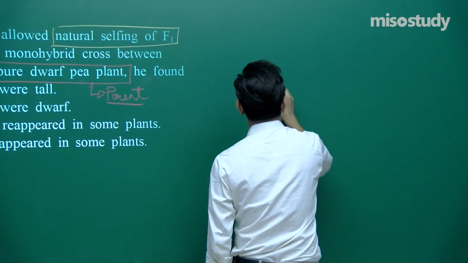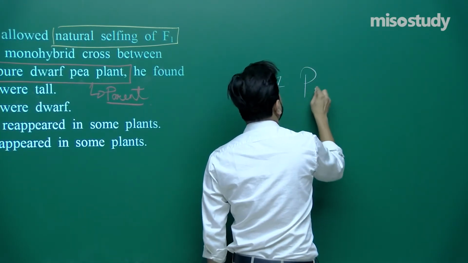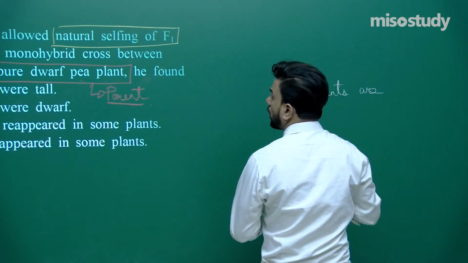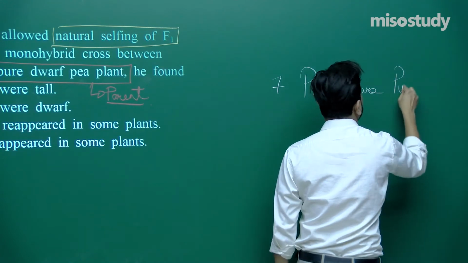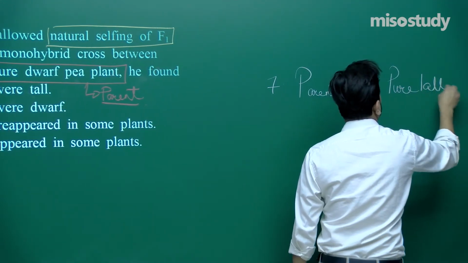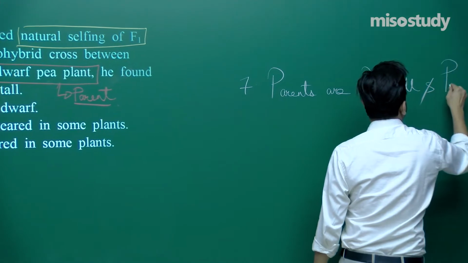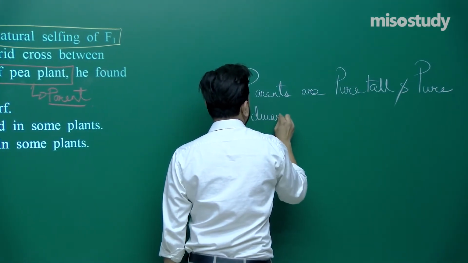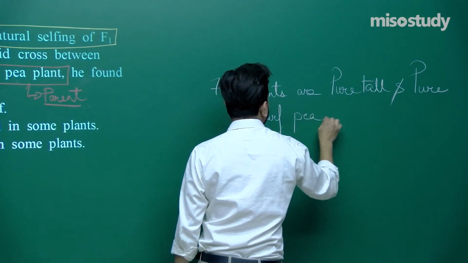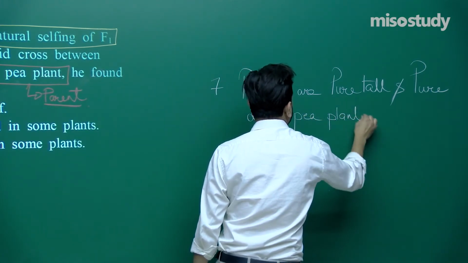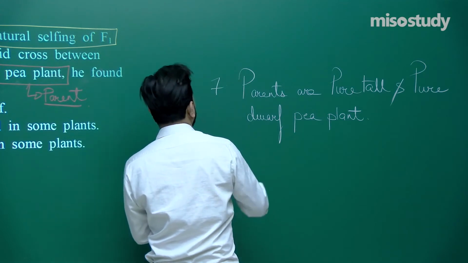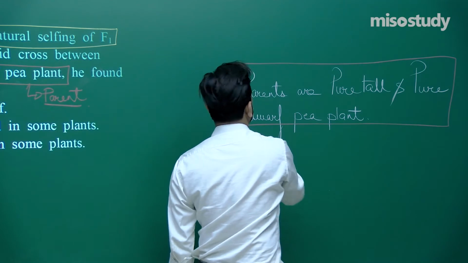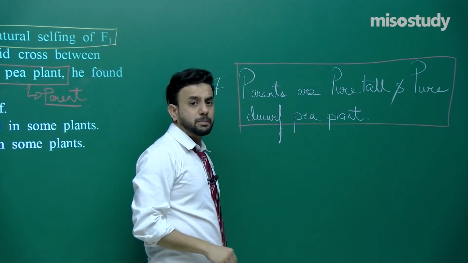This is question number 7. Parents are pure tall and pure dwarf pea plant.